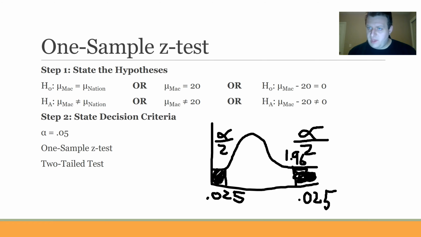The value over here, since this distribution is symmetric about its mean, is negative 1.96. And it's always going to be positive 1.96 and negative 1.96 when we have a two-tailed test for a one-sample z-test. So this is an important number to memorize.